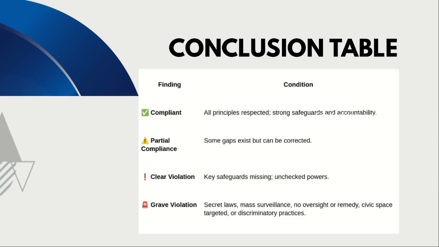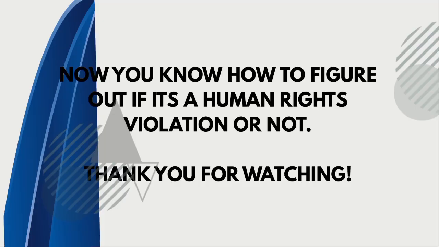So now I hope that you will be able to easily assess a particular case or a particular country's framework in regards to surveillance and compare it with international human rights standards very easily from now on. So now you really know how to figure out if there is a human rights violation or not.